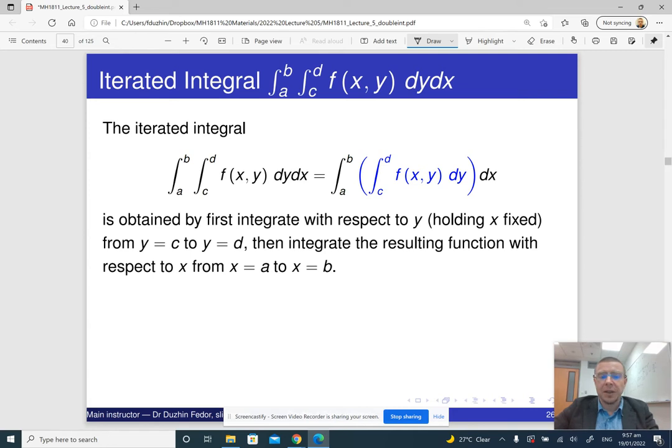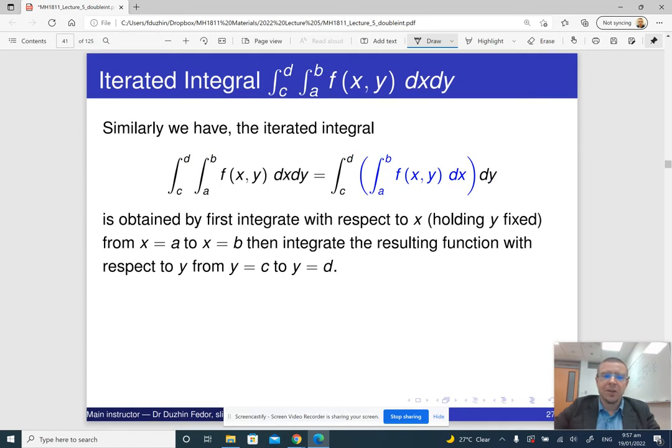And we can also switch the order of integration, and we can take slices with a fixed value of y and compute their areas and then add up over the entire volume. And of course, again, we will just get the entire volume. So this is going to be the iterated integral in the opposite order of integration.